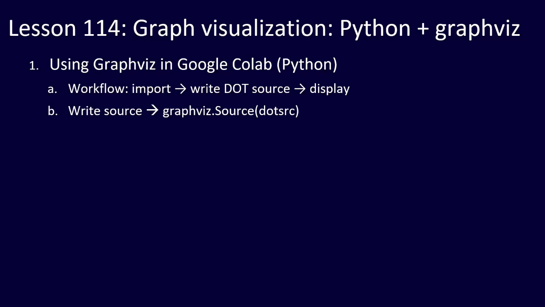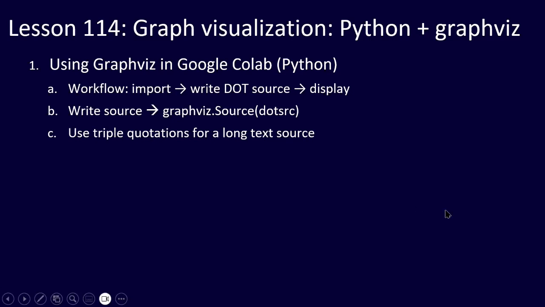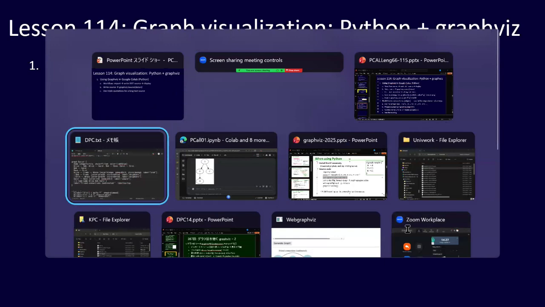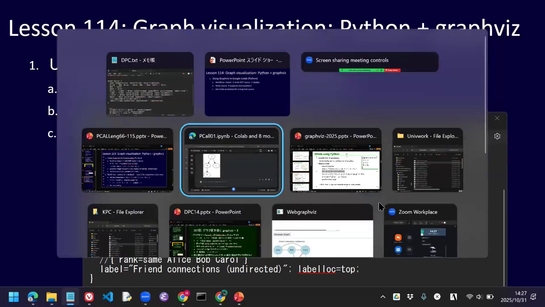But what happens if the source code is long? In that case, use triple quotations for long text source. Let us try here.